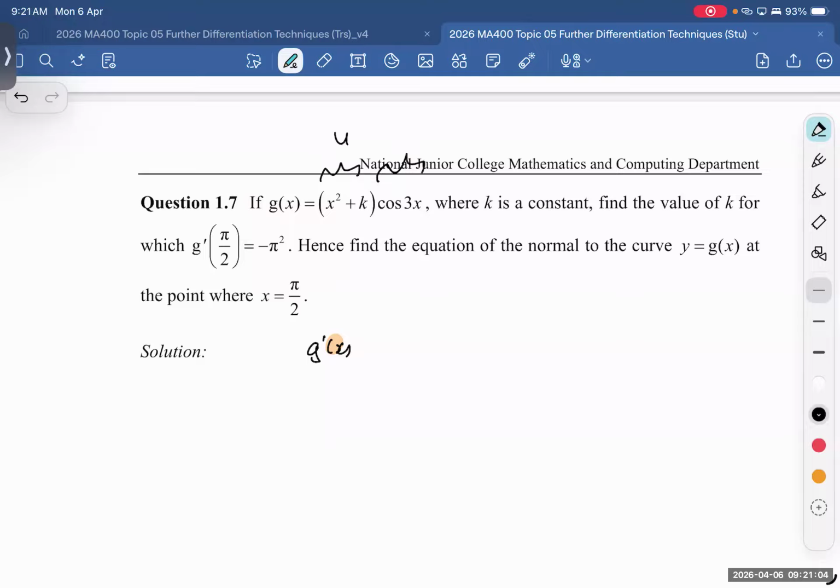This is u, this is v. So differentiate u, u prime is 2x multiplied by cos 3x. Differentiate cos 3x, negative 3 sine 3x multiplied by x squared plus k. If you do not want to simplify this, I guess that's fine. Let's just write it nicely, removing the brackets.